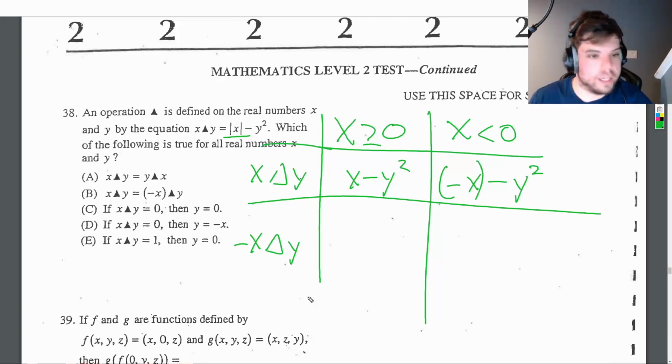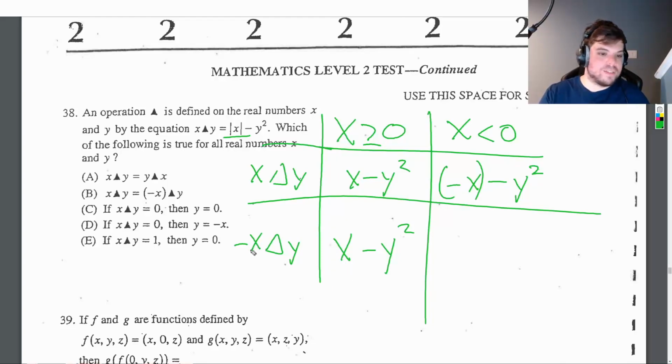Negative x triangle y. If x is positive, then negative x is negative. So the absolute value of negative x is whatever the opposite of negative x is, which is just x. So we end up flipping that first term.